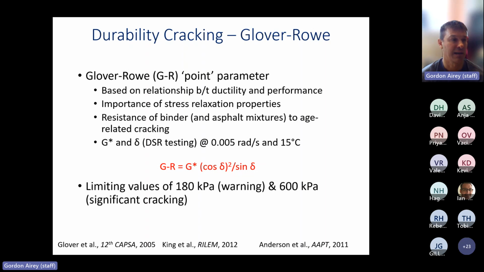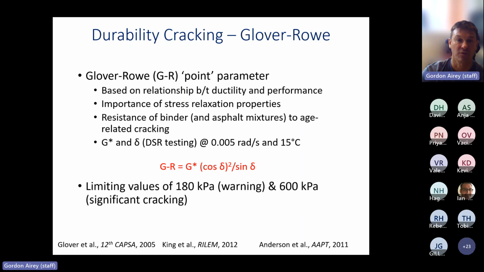If we can have a nice free-flowing ductile material, we can possibly resist the influence of durability cracking or age cracking. Again, the graph allows you to represent a number of different boundaries. There is a limiting value of 180 kilopascals, which is like a warning limit, and then a significant cracking limit at about 600.